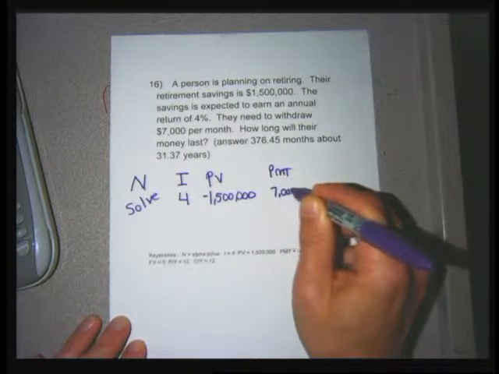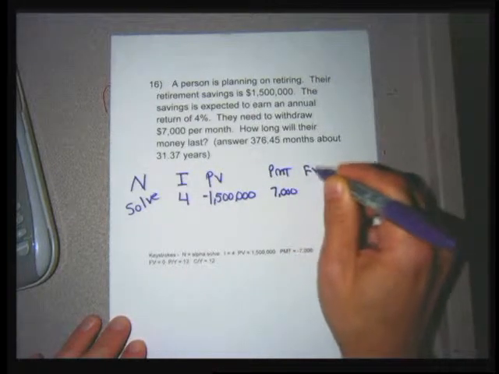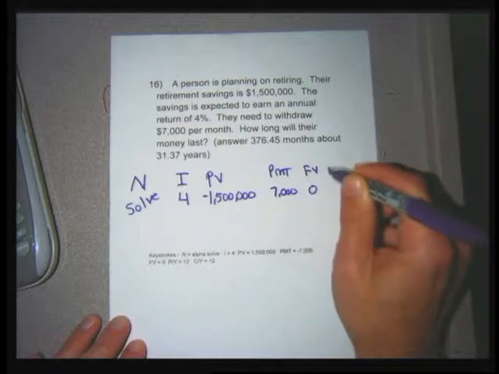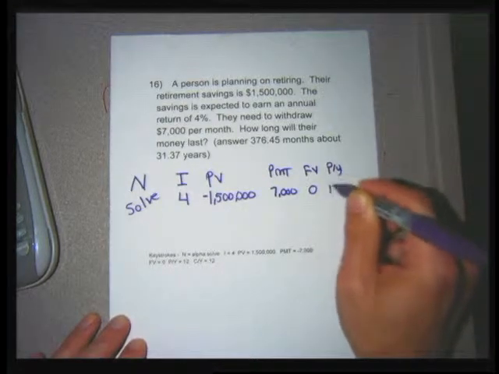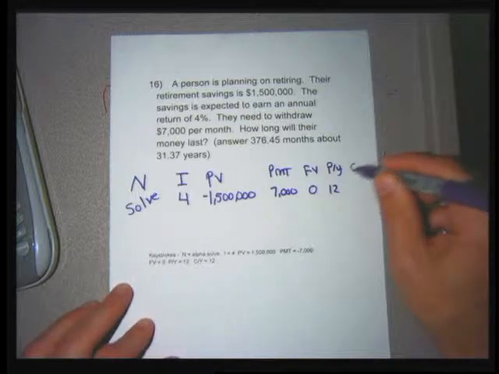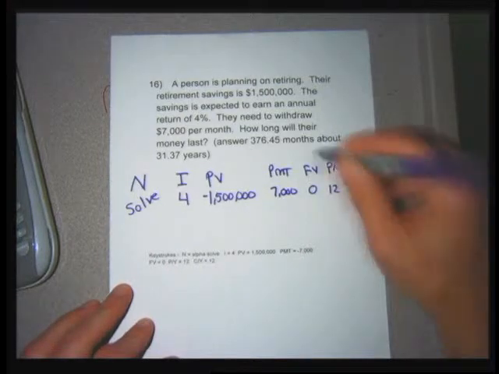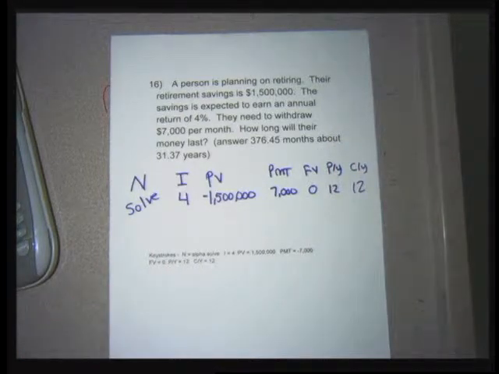It turns out not to really matter which is positive and which is negative. My future value is going to be the nothing that I want to have after that. I'm going to use my money up. We could change this to give yourself a cushion of some money, but I don't want to get that complicated. If you take a finance course, that would be something they might do for you there.